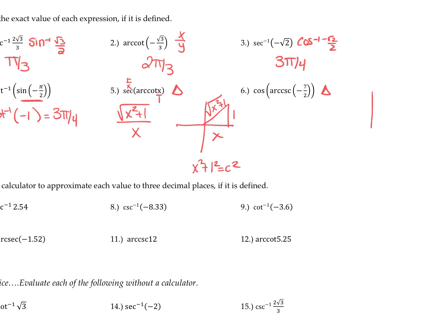Similarly in 6, I'm using a triangle because -7/2 is not on the unit circle. Cosecant is negative in quadrant 4. It's going to be hypotenuse over opposite. Notice I gave the negative to the 2 because your hypotenuse, that's 7, should be positive. Your hypotenuse is always positive. So to find that missing side, we'll call it x, use some Pythagorean theorem.